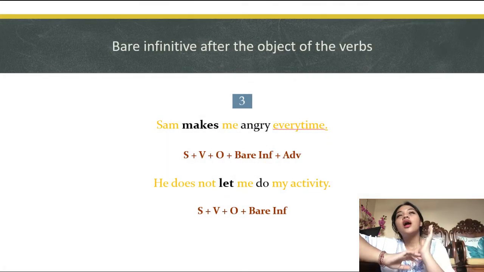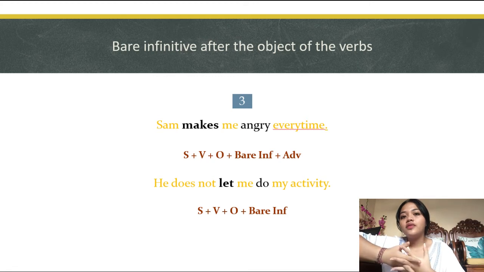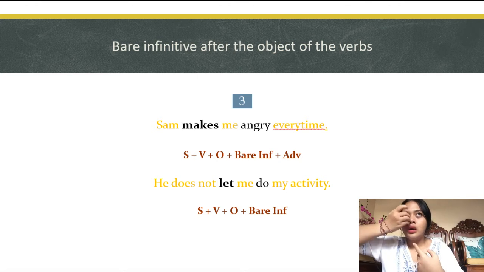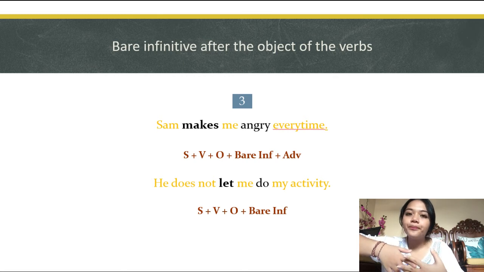The last example of bare infinitive is after the object of the verb. The verbs here that I want to discuss are let and make. So start with the verb make, like Sam makes me angry every time. Sam makes me angry every time.